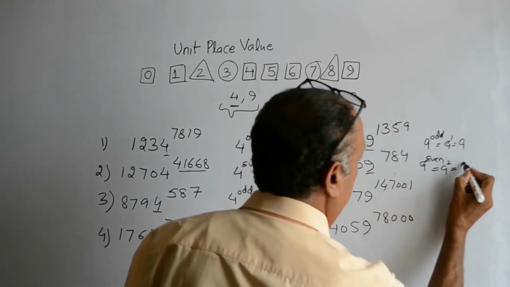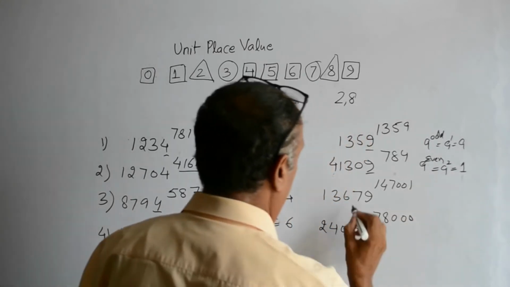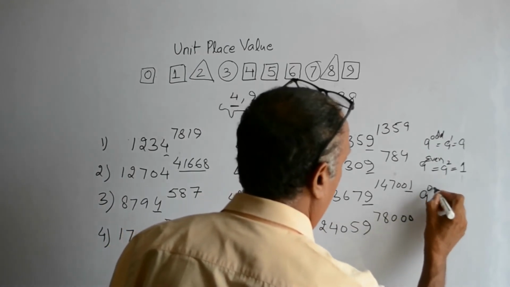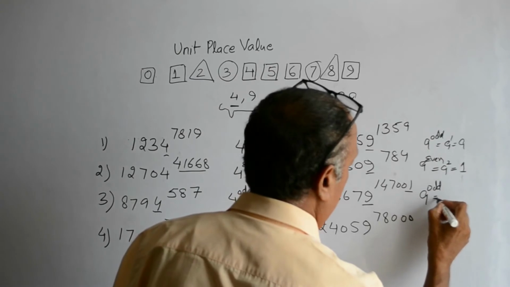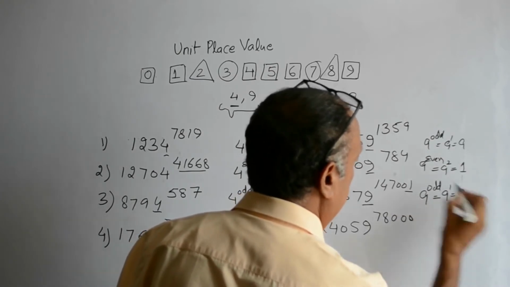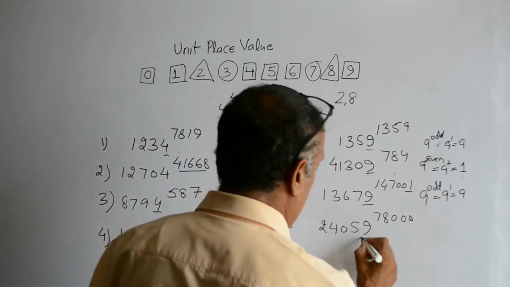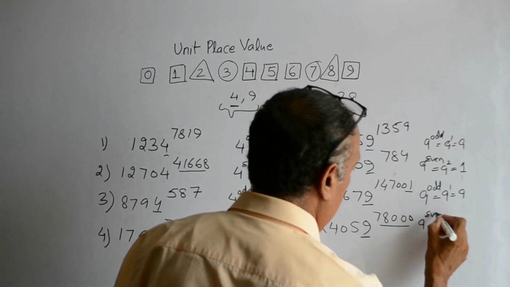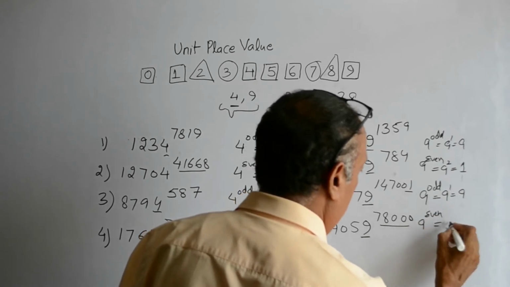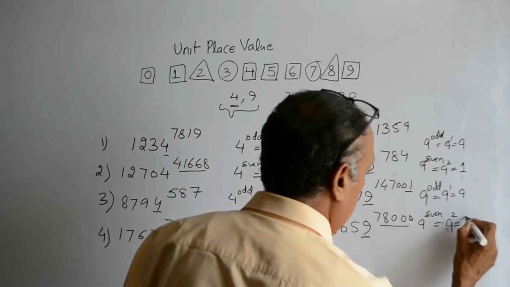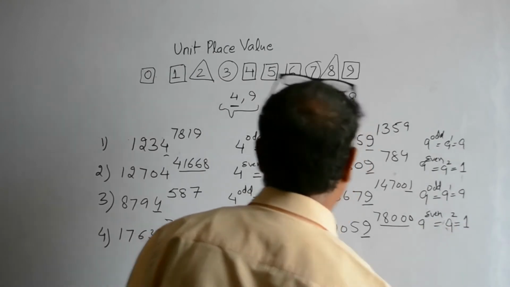The last digit will be 1. 9 raised to power odd number is equal to 9 raised to power 1, which is 9. 9 raised to power even number will be equal to 9 raised to power 2. The last digit here will be 1.